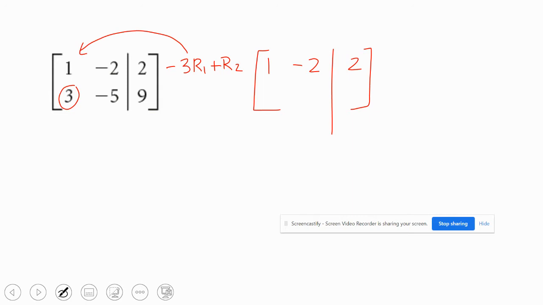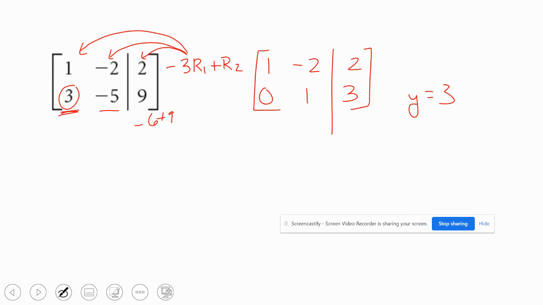Negative 3 times 1 is negative 3, plus 3 is 0. Negative 3 times negative 2 is 6, plus negative 5 is 1, and negative 3 times 2 is negative 6. Negative 6 plus 9 is 3. So by doing that, I know that y equals 3.